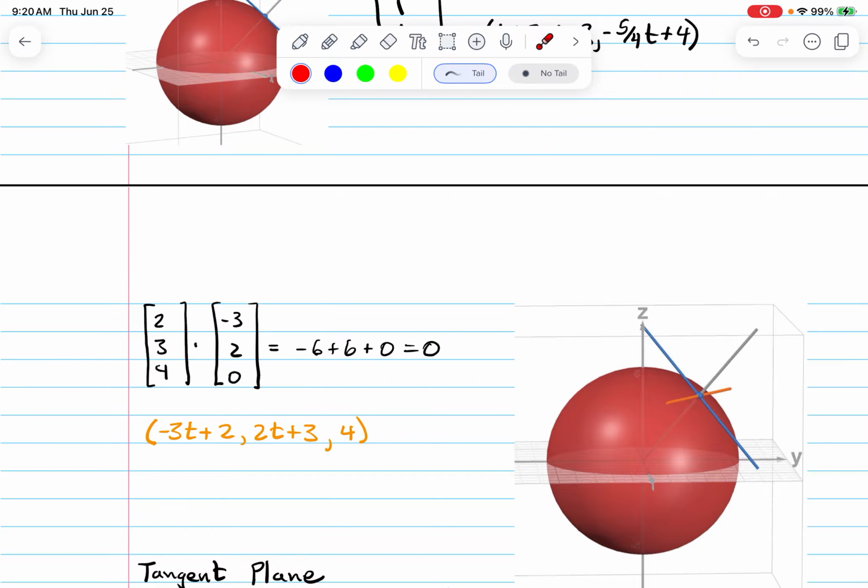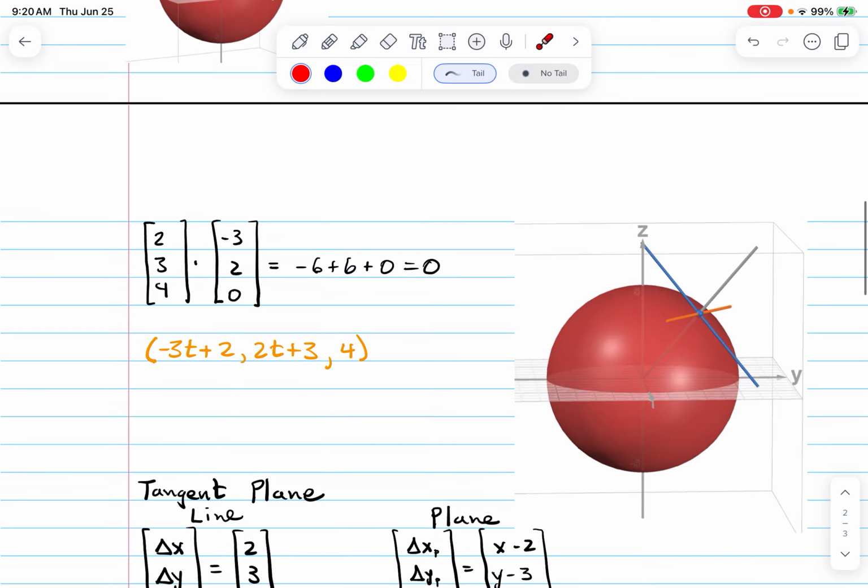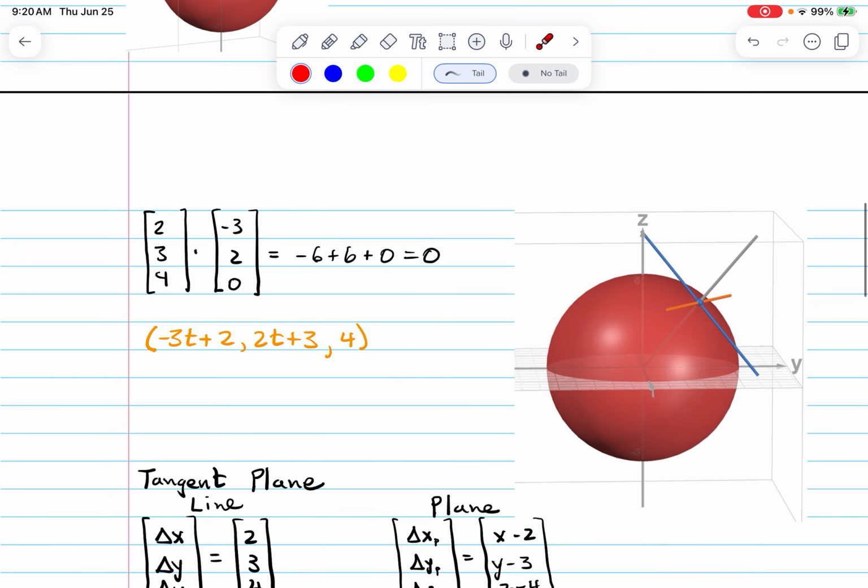Now, I want to expand on that and talk about, well, what happens if I want a tangent plane? Okay? In other words, I want a plane that contains all the tangents. Look, I've got 2 tangents here. I want a plane that these tangents are on. And I'm going to call that the tangent plane.